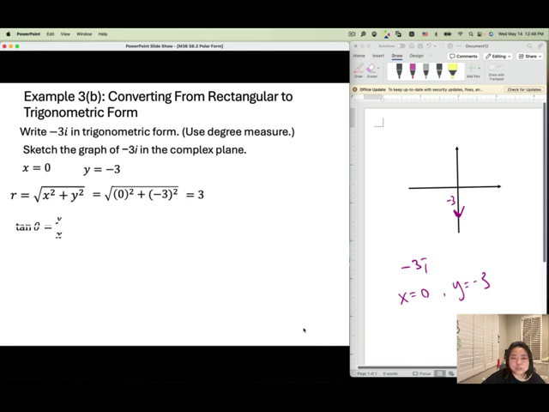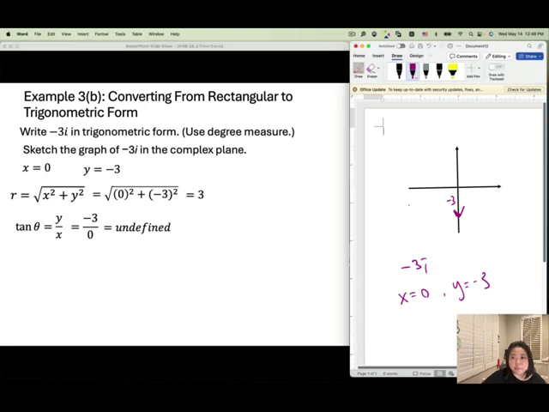And then tangent theta, y over x. You could plug in the number, but you're gonna see x cannot be equal to 0, right? This means it's gonna be undefined. But think about it, on your picture here, what is your argument? Your argument will be starting from here to here. What degree is it? This is gonna be 270 degrees, right? So actually, you don't have to find out the tangent theta.